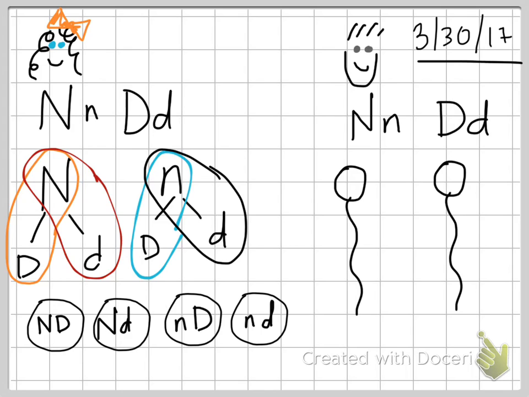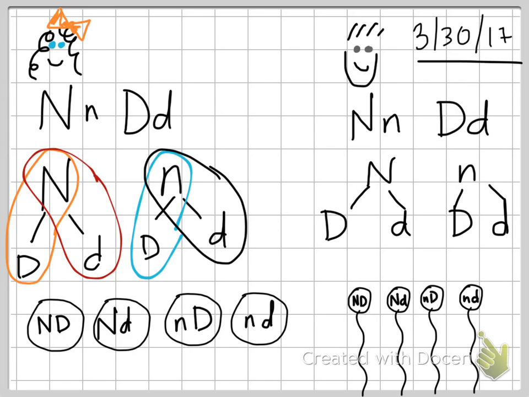So if we look then at dad's gamete production, we look at those sperm, how many combinations do we get? Okay. So for each of these parents, we have 4 possible combinations for gametes. What we're going to do now is put those together into a dihybrid cross. Have you done dihybrid crosses before?